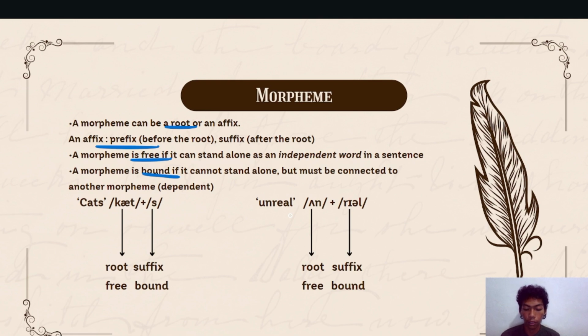For example, unbelievable starts from the prefix un and believe, and it has the suffix able, so it becomes unbelievable.